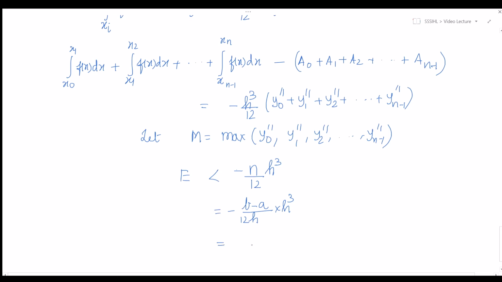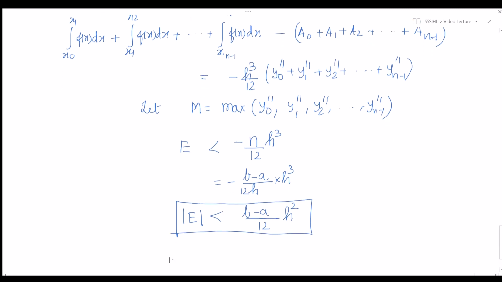So the absolute error is going to be less than (b minus a) by 12 into M h squared. So the order of the error in the trapezoidal rule is of order h squared.